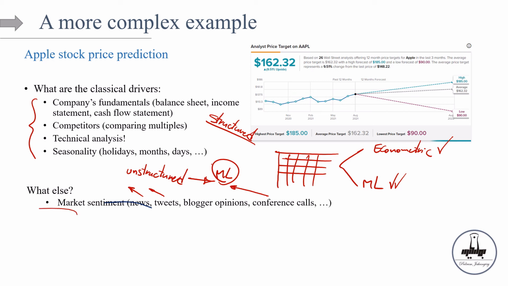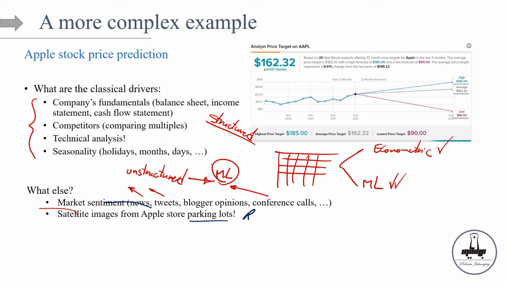What are other drivers? For other drivers, we can think of satellite images from Apple Store parking lots. Isn't it interesting? For example, instead of waiting one quarter to look at the sales number, we can look at the satellite images from the Apple Store parking lot and make a prediction about the sales in real time.